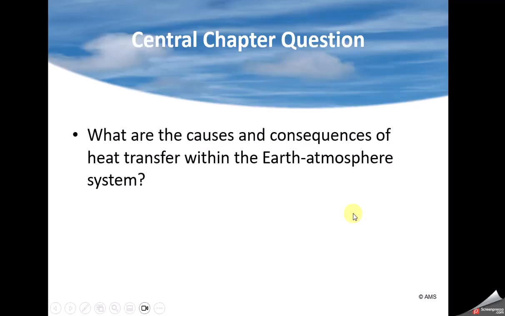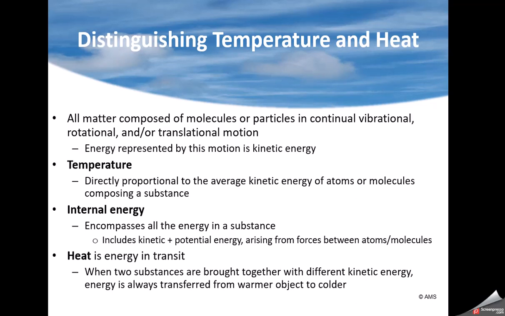So, with that, what causes the heat transfer within the Earth? And we're going to define heat transfer in just a second here. So first, let's understand what temperature is. Every atom, every molecule moves a little bit. The more it moves, the more kinetic energy it has, which is energy of motion, and the more it moves, the higher the temperature is.